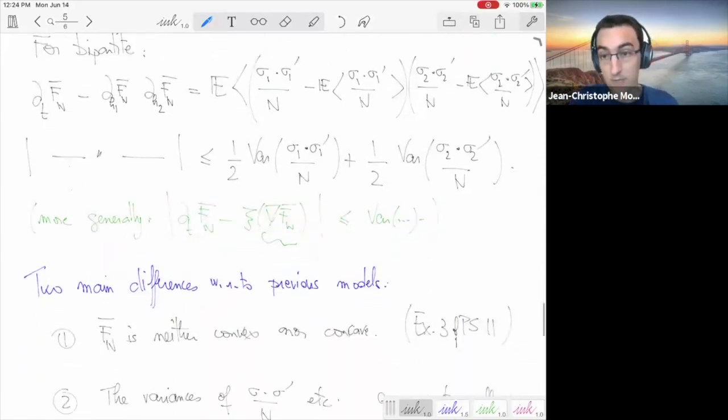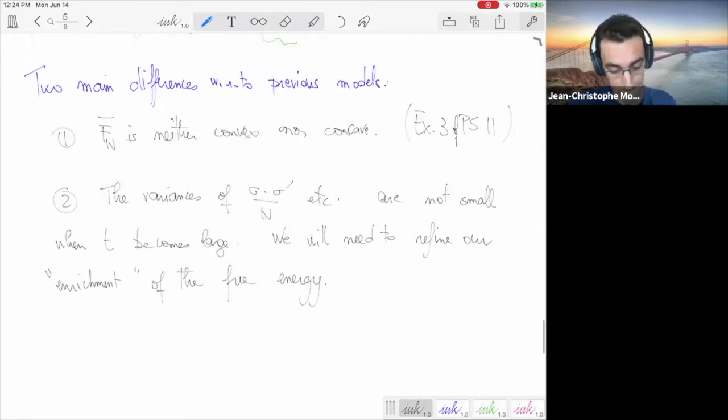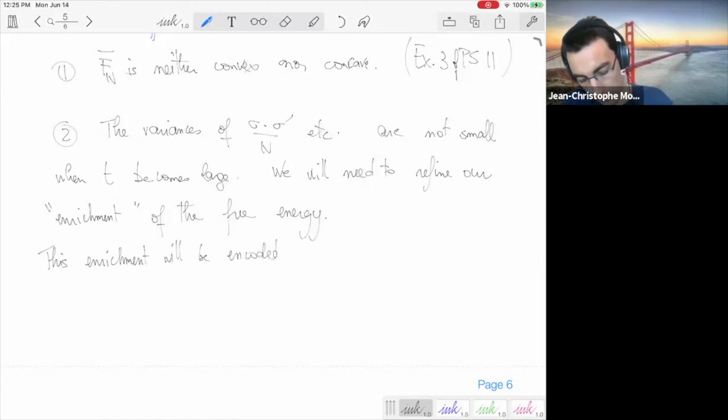And then the equation that ultimately is valid is exactly the same, except you have replaced H by mu in the following way. So this enrichment will be encoded by probability measures.